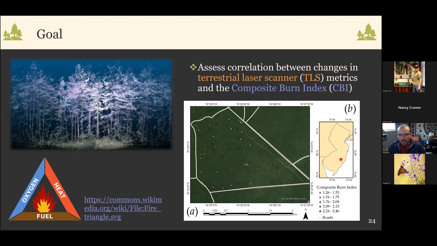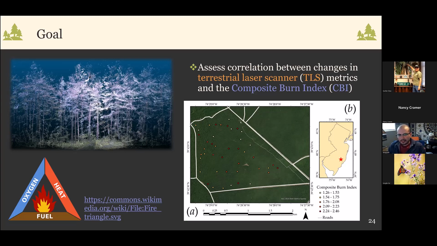Specifically, what we were trying to do with this data was to see how well we could estimate the composite burn index with metrics derived from the TLS data. If you're not familiar with the composite burn index, it's basically a field-based visual method where people look at sites pre-post burn, and they fill out some forms, make some measurements, and then aggregate that into a unitless index that is supposed to correlate with the severity of a burn at a location.